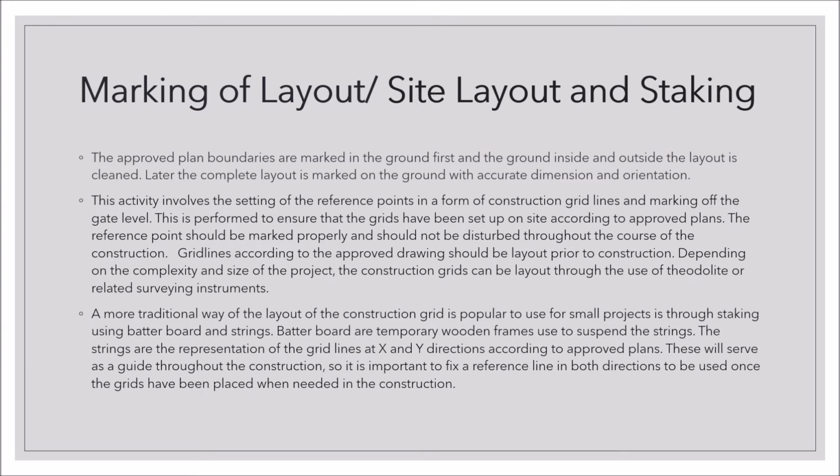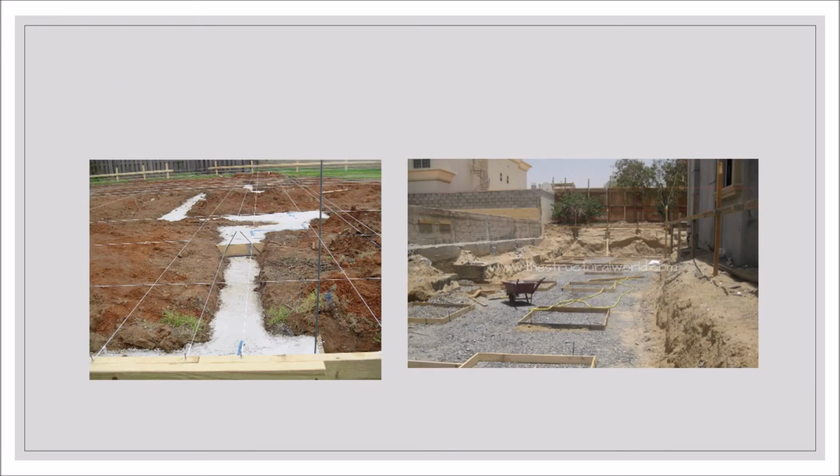This will serve as a guide throughout the construction, so it is important to fix a reference line in both directions to be used once the grids have been placed, when needed in the construction. So this is staking and marking the layout.